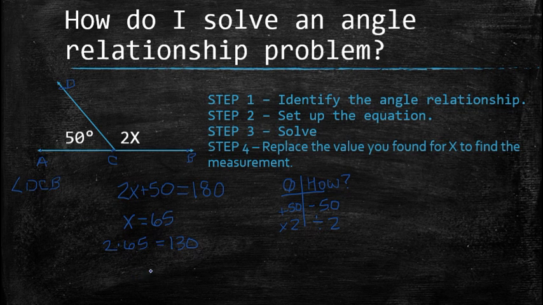So then you would say, because you know that this is 130 degrees, you would say that the measurement of angle DCB is equal to 130 degrees.